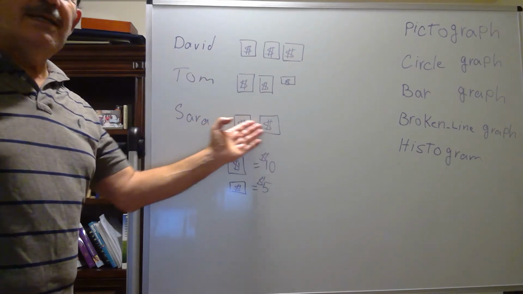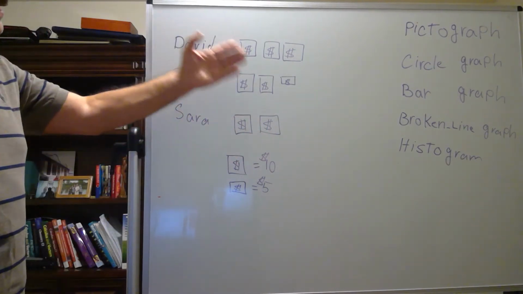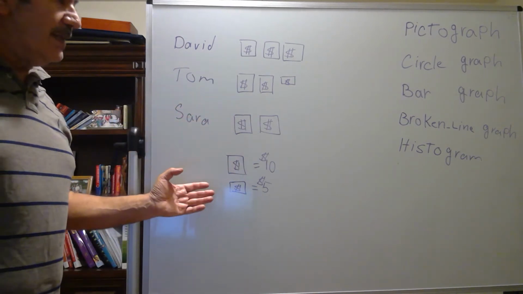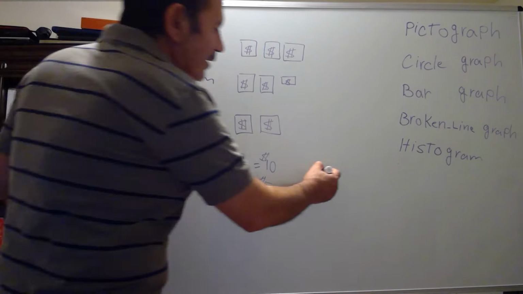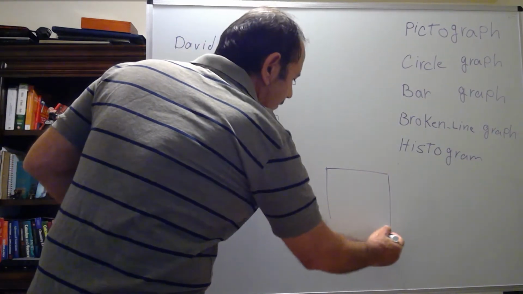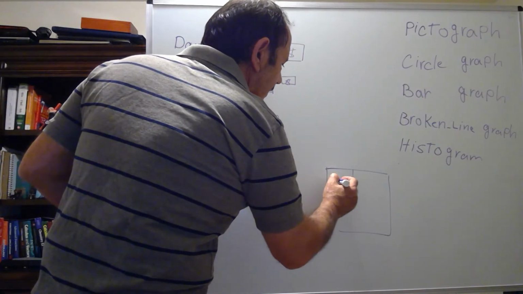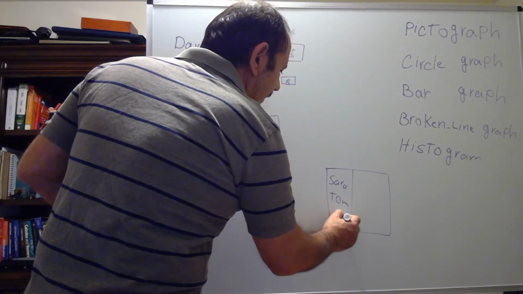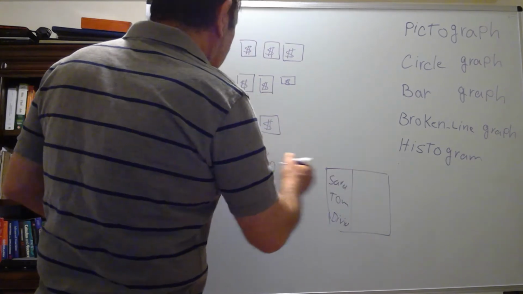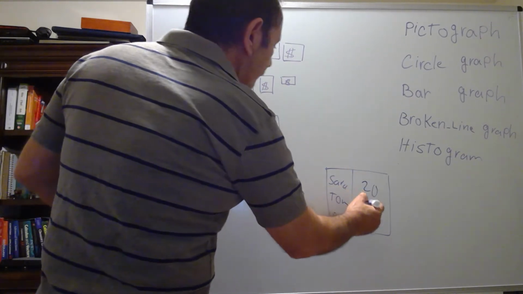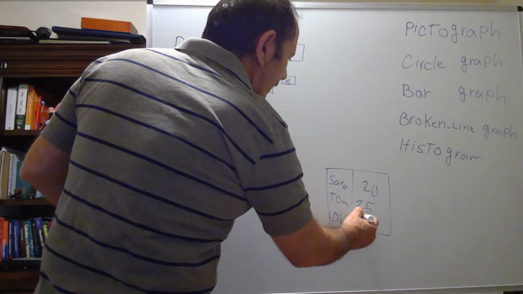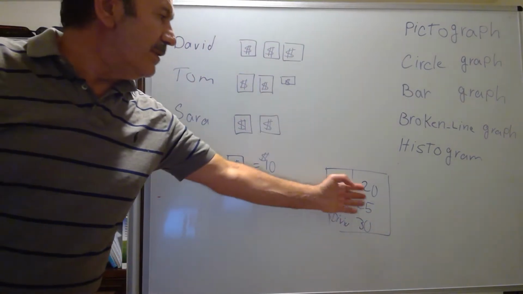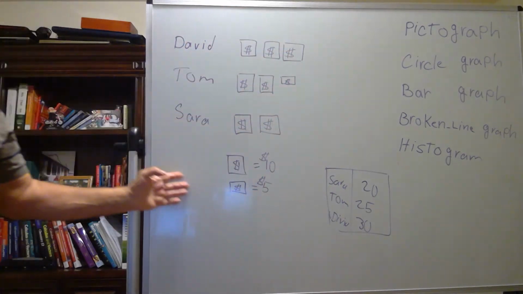And Sarah has $20. Can you see that this type of representing the data is much easier than if I just draw a table and write Sarah 20, Tom 25, and David 30? Just compare this table of numbers with this picture.